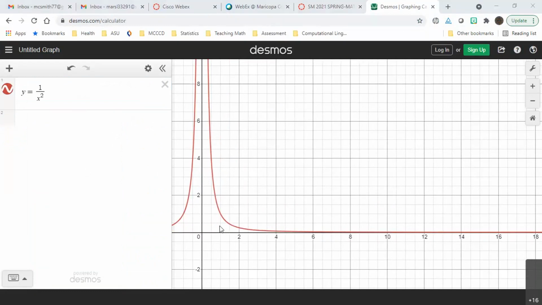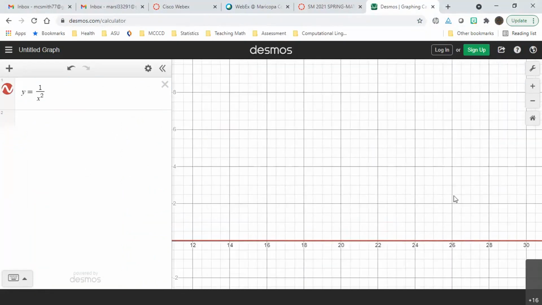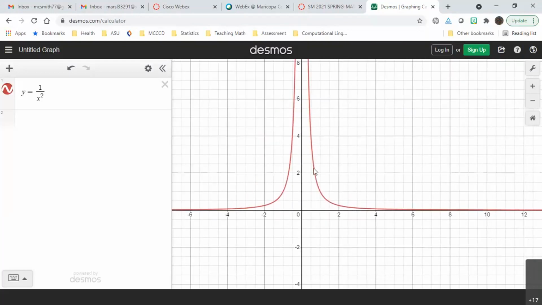So basically what I'm saying is from this line where x is 1, which is right here, all the way on out as far as you want to go, the area between the curve and the x-axis gradually converges to 1. Now I know there is a Desmos definite integral calculator on here, so I'm going to try to find that.